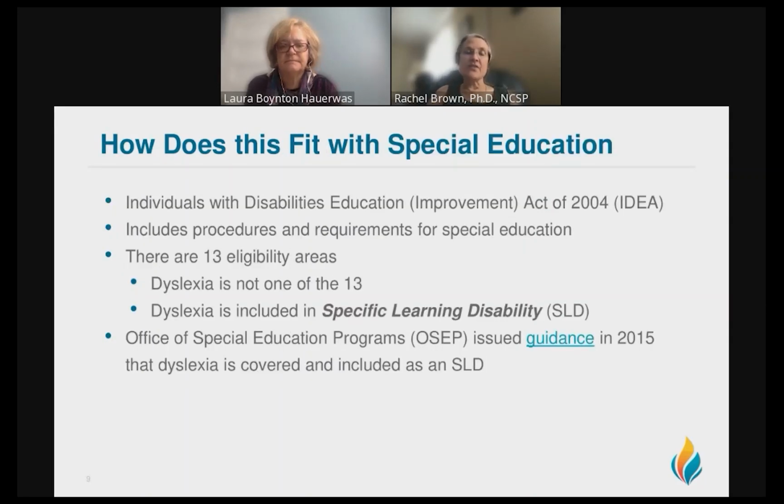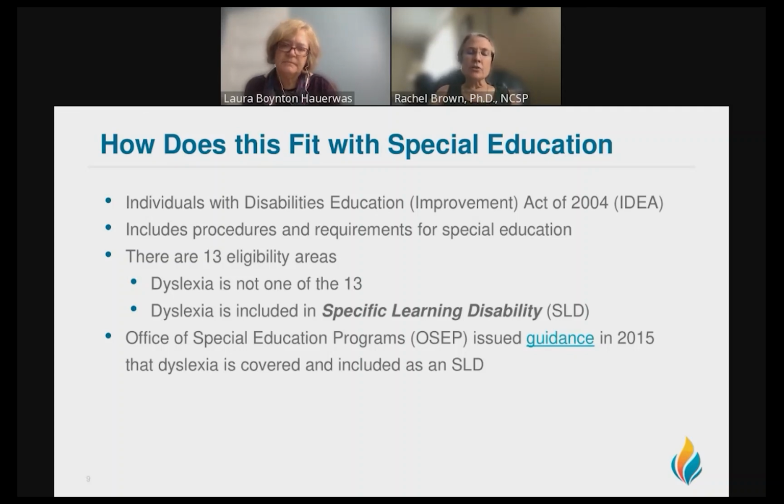So, how does this fit within special education? Well, in the United States, we have the Individuals with Disabilities Education Act, and it is our law that requires providing education for all students, regardless of ability or disability. And thus, all US states are required to take the federal guidelines, build their own state laws, and deliver a free, appropriate public education for all children, including those with disabilities.